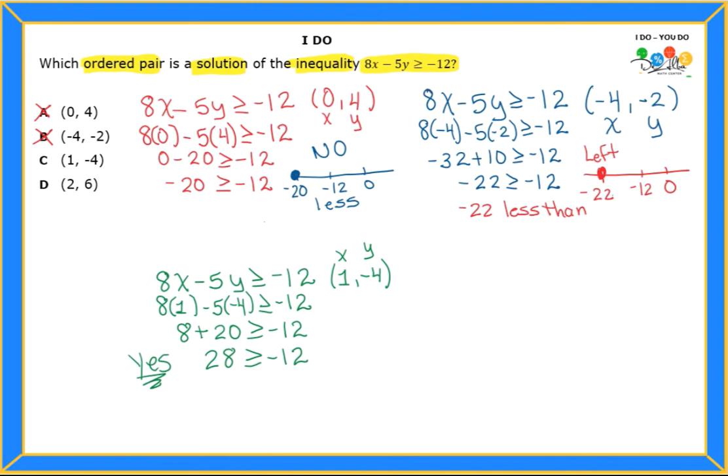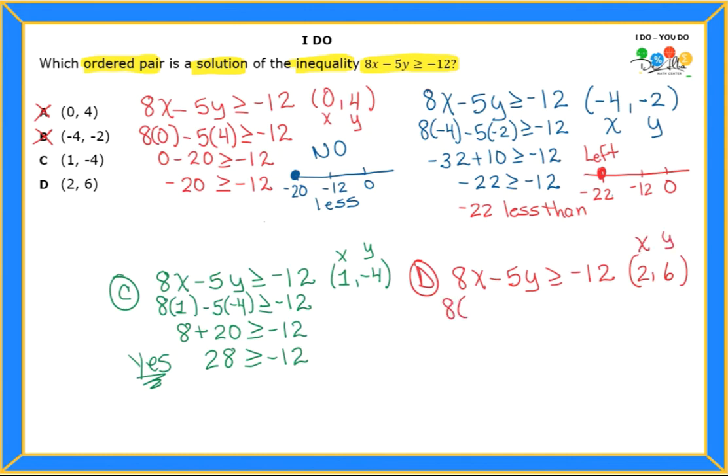Just to be on the safe side, we're going to work out letter D, okay? So this was letter C, and I am going to do letter D right now. I am going to bring down my inequality, the same inequality that I used for the other ones. And the point for D is 2 and 6, where 2 is x and 6 is y.